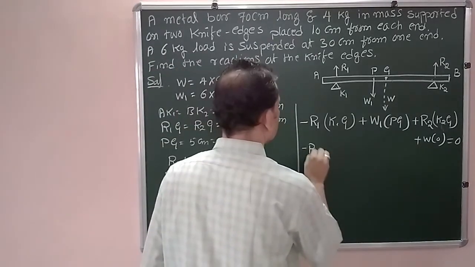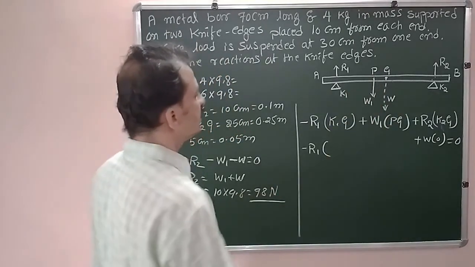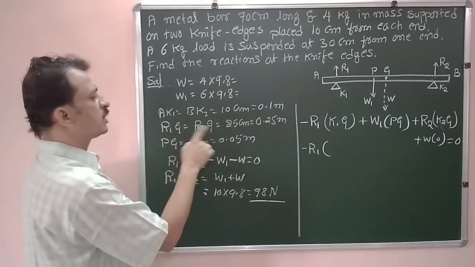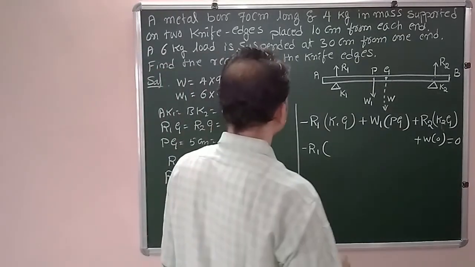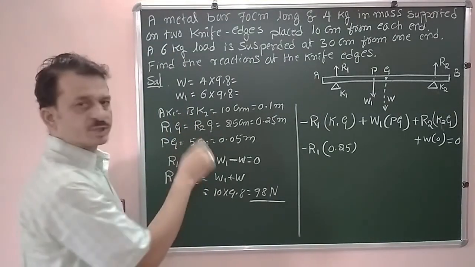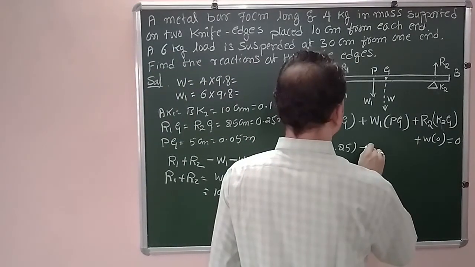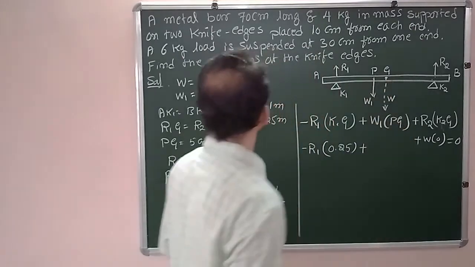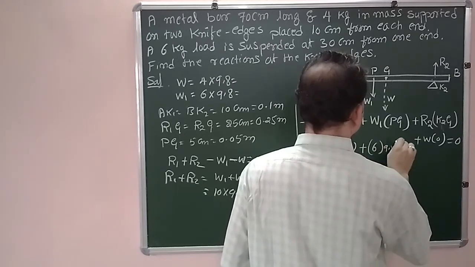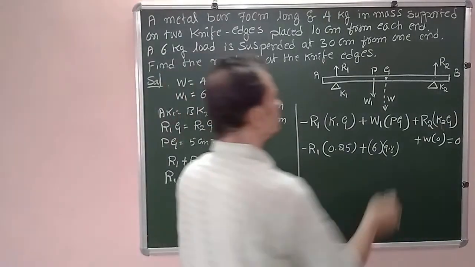Therefore, minus R1 times K1G, this distance is 25 centimeter, so that is 0.25, plus R2 times K2G, also 0.25, plus W1 weight, 6 multiplied by 9.8, mass multiplied by acceleration, that is W1 acting downwards, times PG.